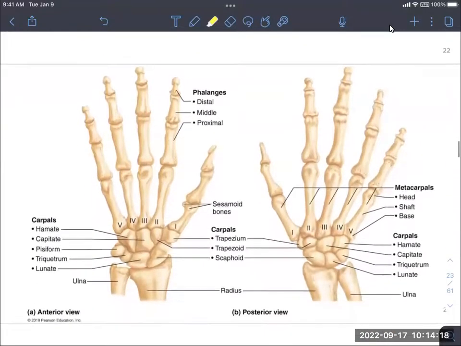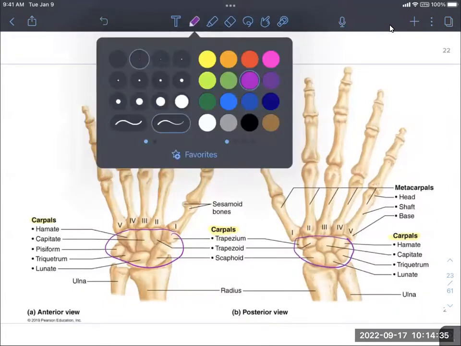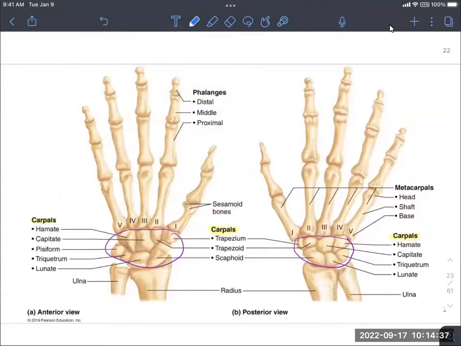So here are the hands, your carpals, or carpal bones. You just need to know that these bones right here are your carpal bones that make up your wrist. The metacarpals are the palm of your hand.